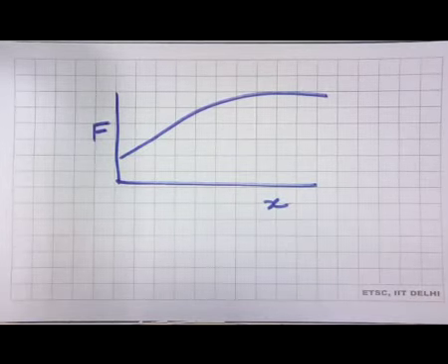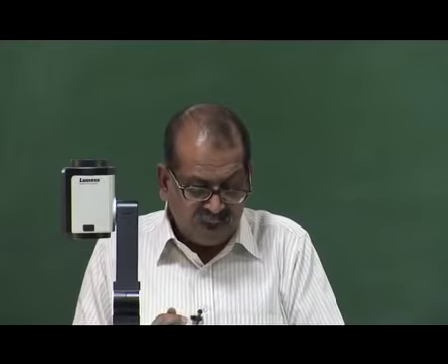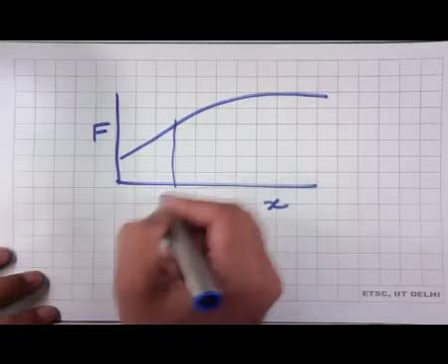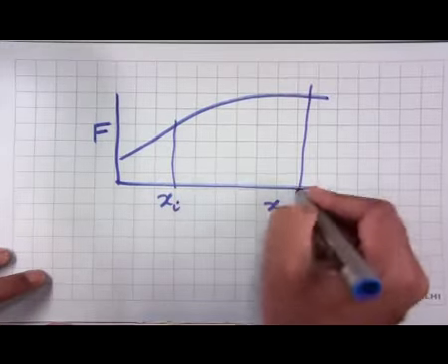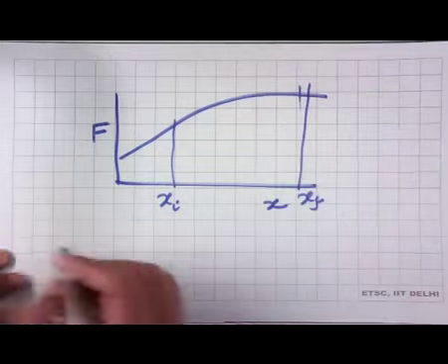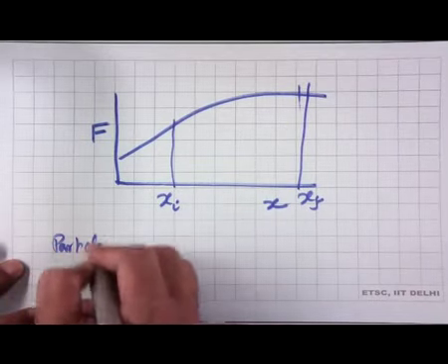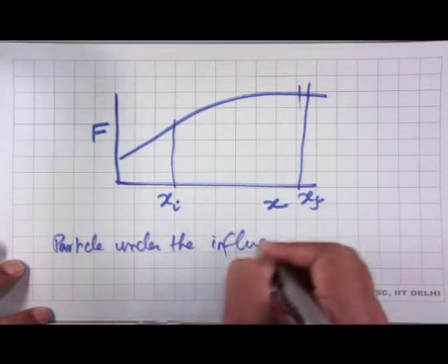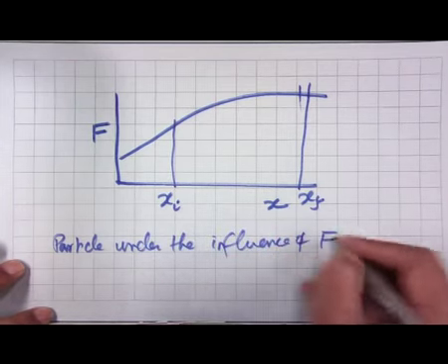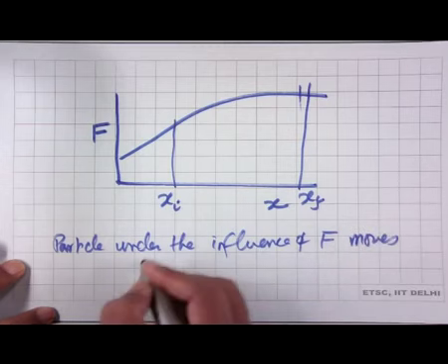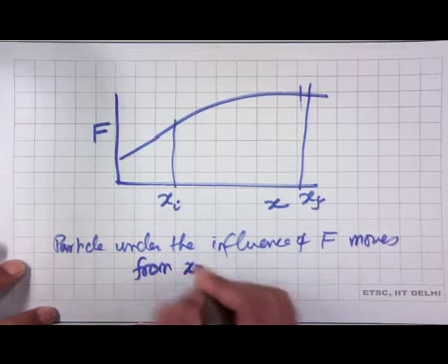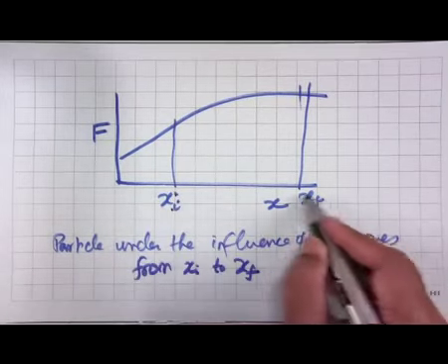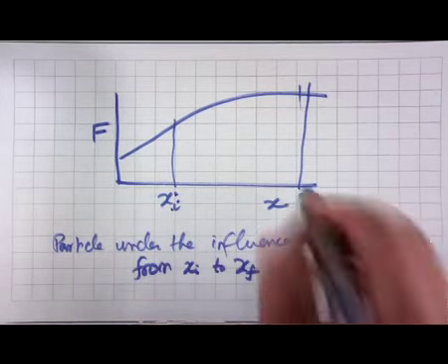So far what we had done, simple examples, we had assumed that the force F was constant. So now let us say the particle under the influence of F moves from xi to xf. This was its initial position and it comes to this final position xf.